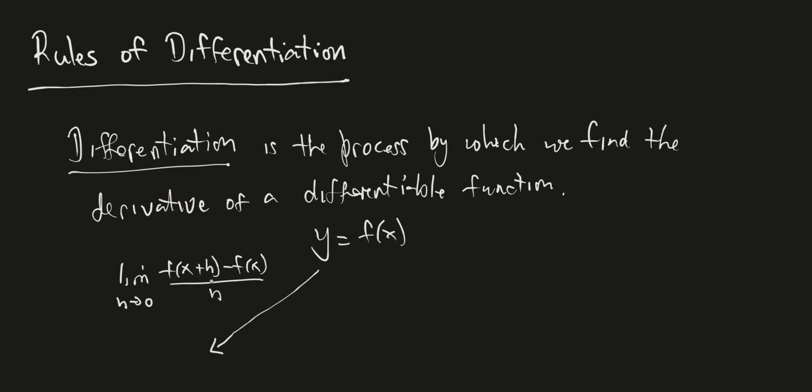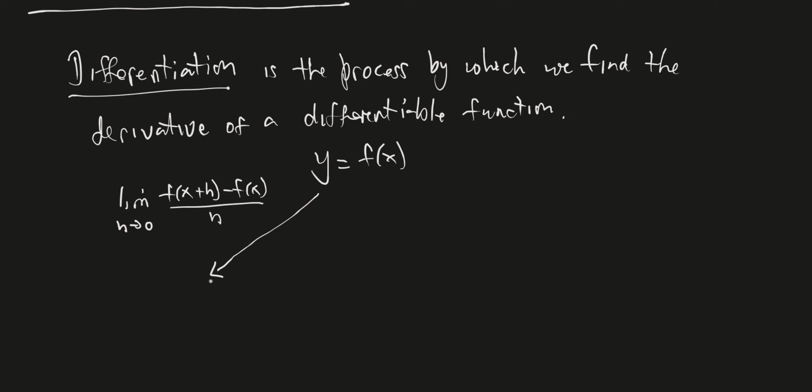We have that particular process that leads to the derivative, which we denote like this. And then I also mentioned there is this notation that can be used for the derivative, and this is called the Leibniz notation, and this is called the prime notation, right?